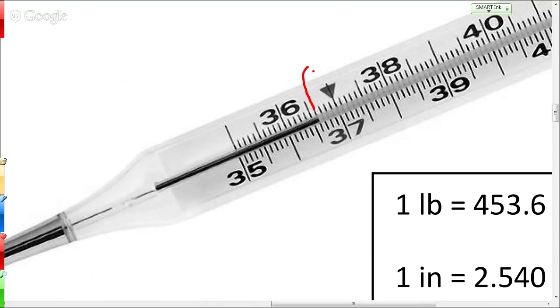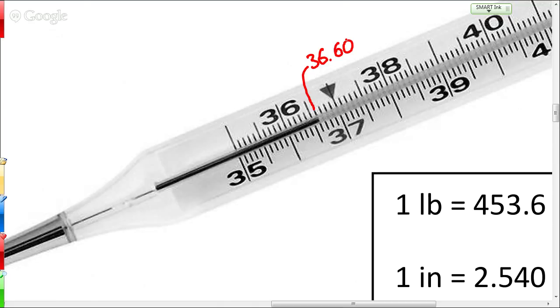So that means that it is definitely between 36 and 37. So it is for sure 36 point something. And then that is the 1, 2, 3, 4, 5, 6th tick. And then I'm going to estimate that it's at 0 because it's right on that line. So you should be able to get 4 significant figures from that particular thermometer.